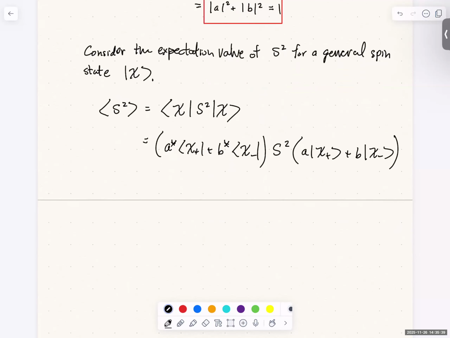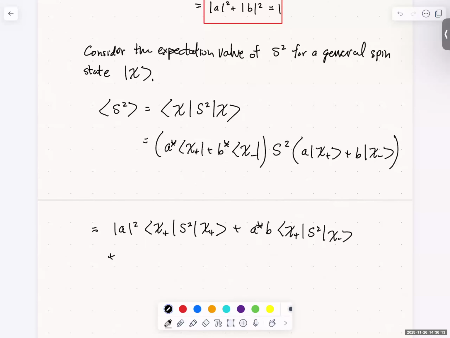So what are we going to get? We are going to get a squared chi plus s squared chi plus. Then we get a star b, and we have chi plus for a star, we have our operator, and then we have chi minus for b.